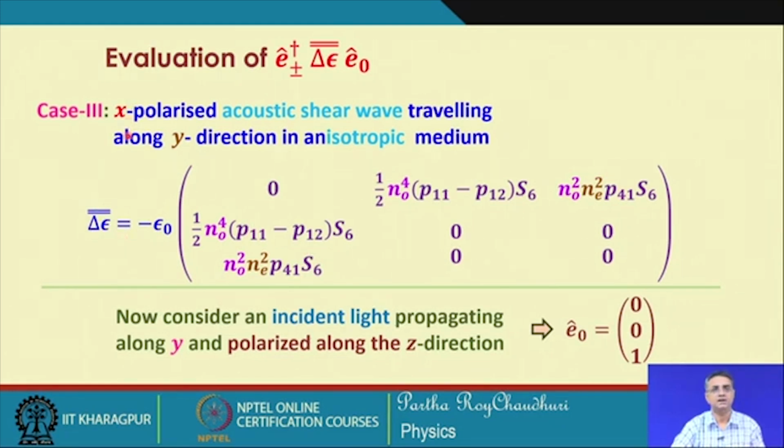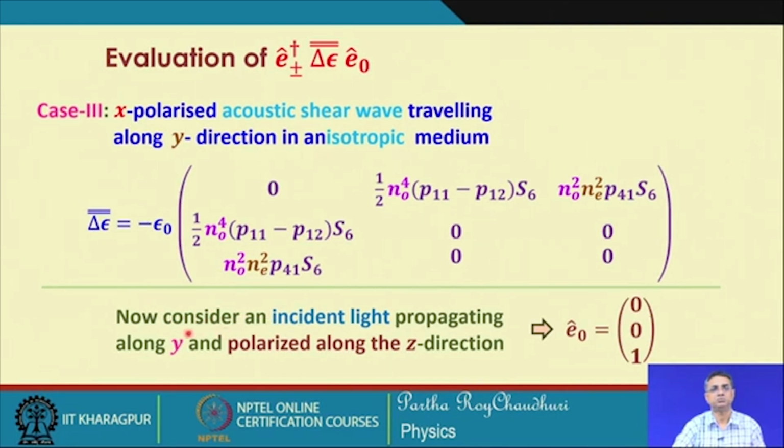Now, under this situation we consider a case that the optical beam is incident which is propagating along y and polarized along the z direction. The direction of the acoustic wave is x, so the optical wave will be perpendicular to this.